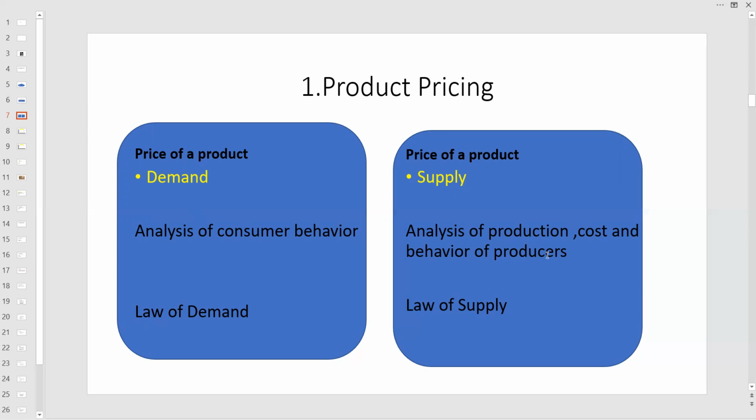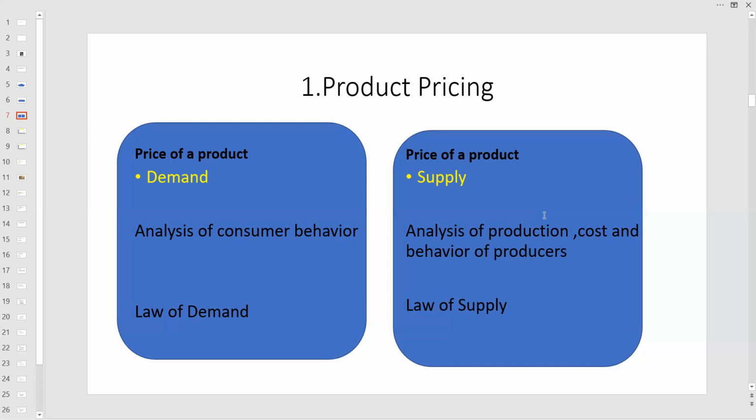And who supplies? The producer, because he produces goods and services and then supplies them in the market. So from the demand side, we study consumer behavior, and from the supply side, we study producers' behavior. So law of demand and law of supply are included in the scope of microeconomics.